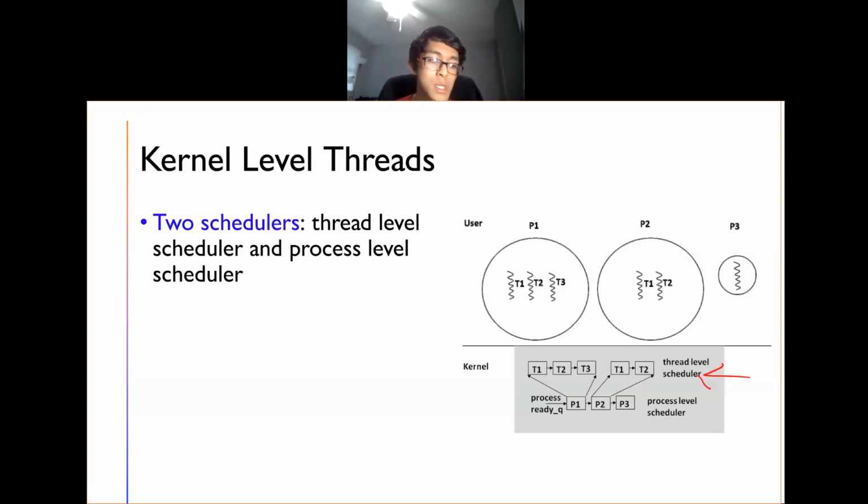According to the textbook, whenever a specific thread blocks, or whenever a specific thread wants to stop itself, then the kernel can easily switch from that thread to the other thread. So this is again a major advantage in a kernel level thread.